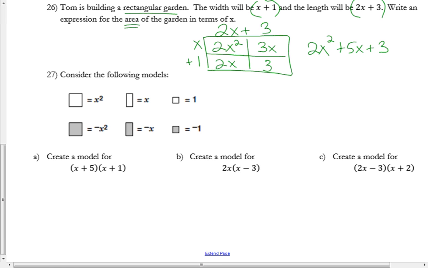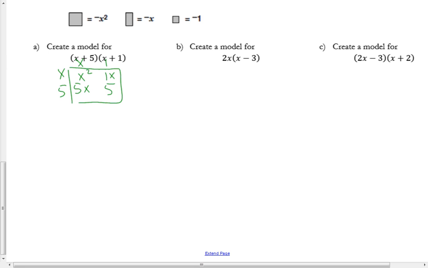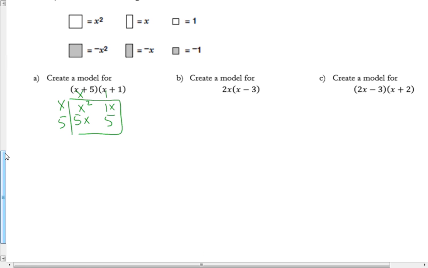Down here in 27, you're creating models. So x plus 5. Use your area model first. So when we model this, we should have one x squared box.